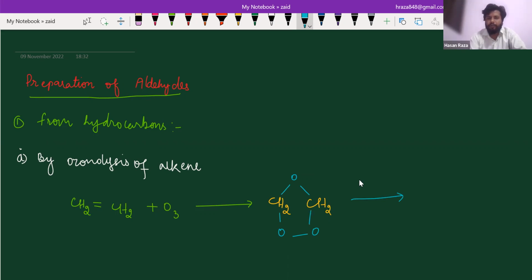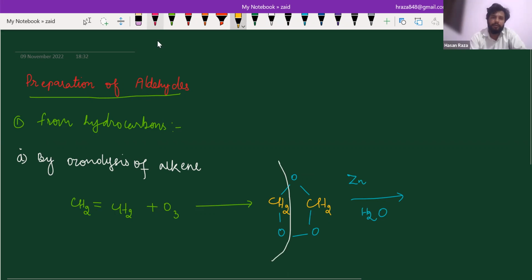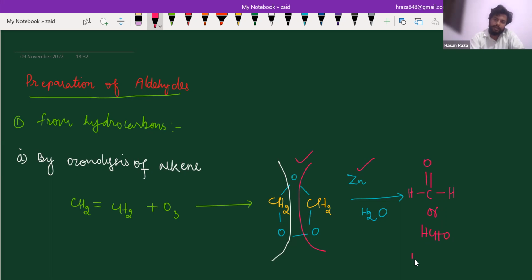And after this, if you are going to use Zn/H2O, what will happen here? This bond will be broken like this, and this O will go with Zn, and now you can see this is CH2. That means C, H, H, and O and carbon will be doubly bonded.